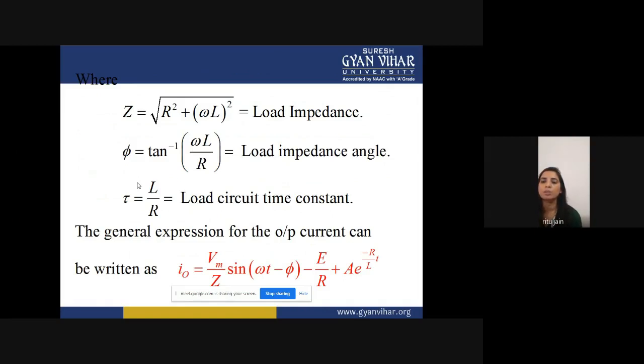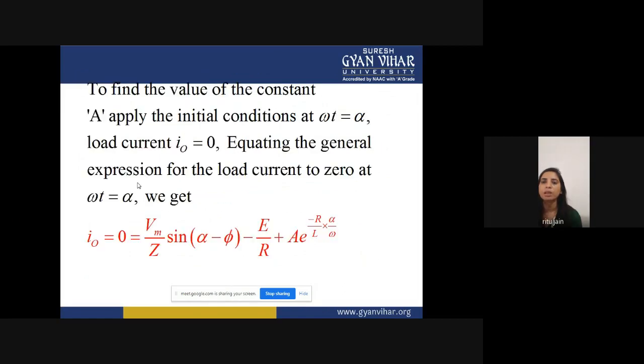So the general expression for the output current can be written as I naught is equal to Vm upon Z sin omega t minus phi, minus E by R, plus A e to the power minus R by L into t. To find the value of the constant, apply the initial condition at omega t equal to alpha, load current I naught is equal to 0.